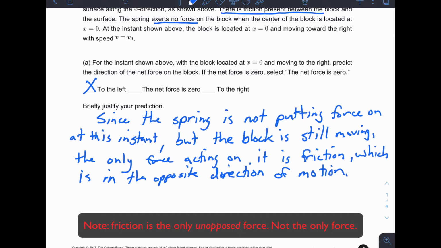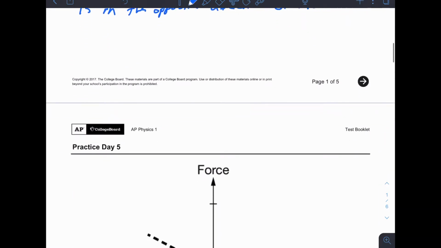All right, something like that would be sufficient for explaining that.